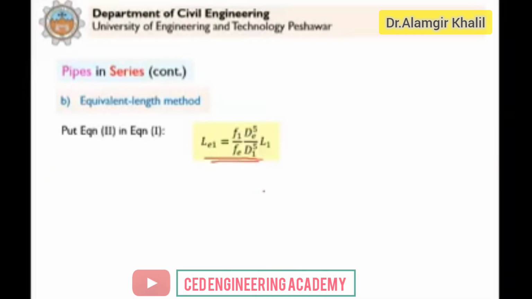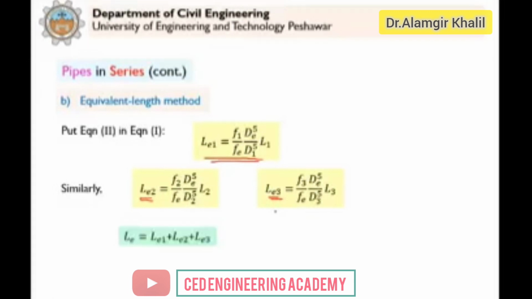Now we get this expression. Similarly, if you proceed, we will get LE2 and LE3 and so on. Then the total effective length for the effective pipe will be equal to LE1 plus LE2 plus LE3.